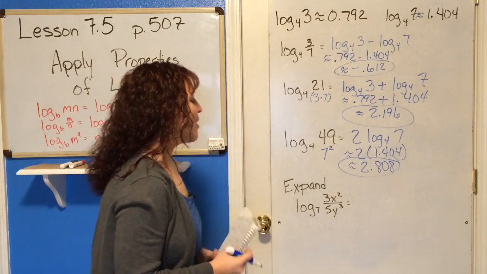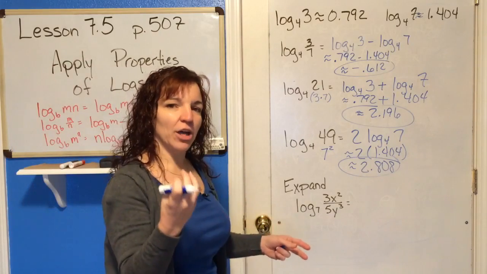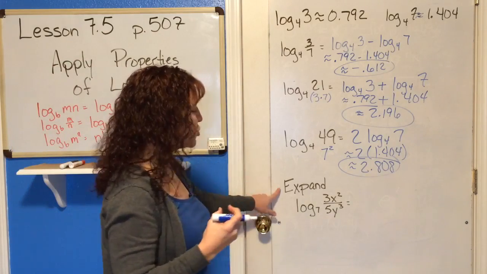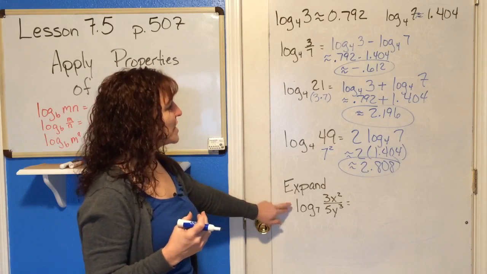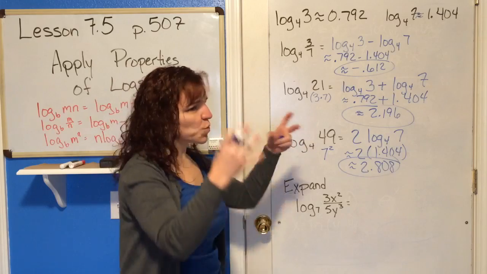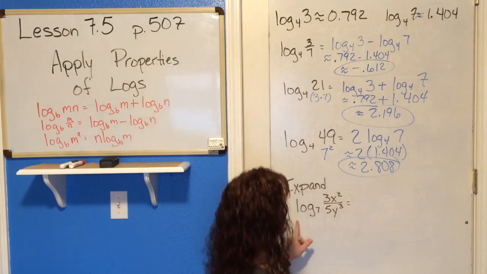Now let's take some, we're not going to get values on this type of problem. I just want you to be able to expand these logs. So if you've got something like this, where do we get the parts and pieces? Where do we get the pieces that we can work with? So that's what we're going to do here.